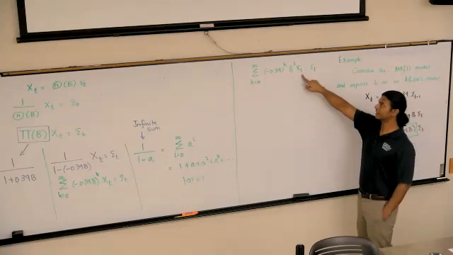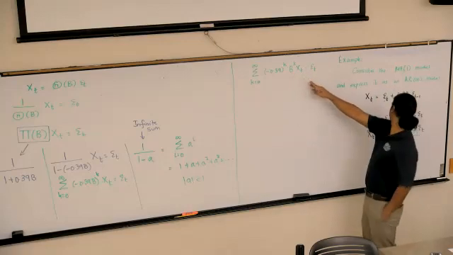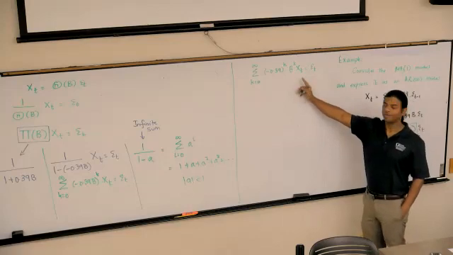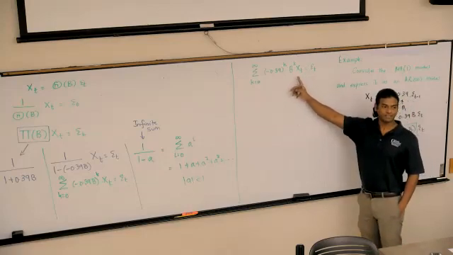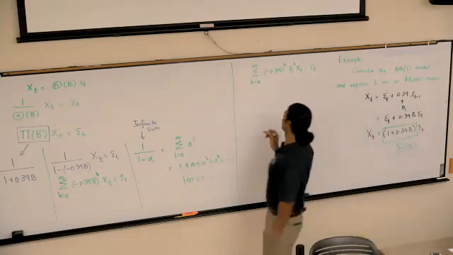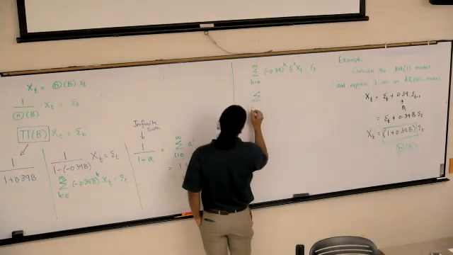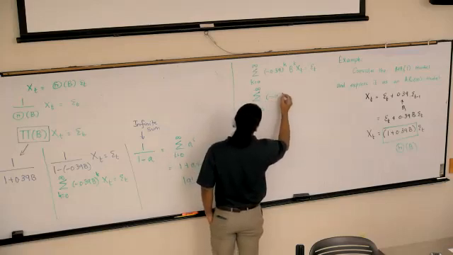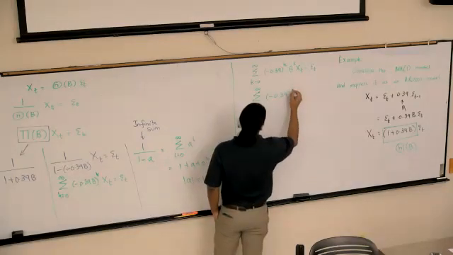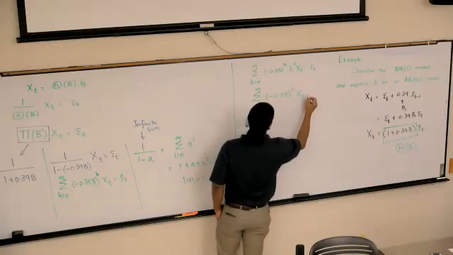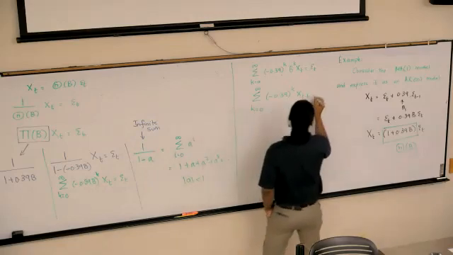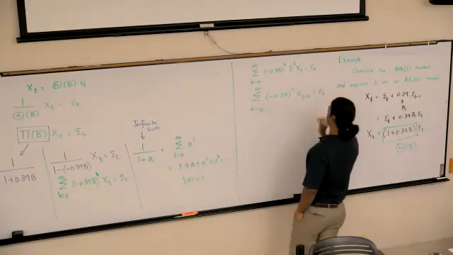Right, that would shift it: Xt minus k. And that would equal epsilon t.